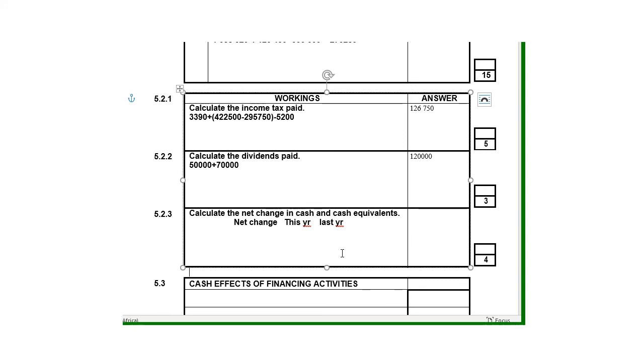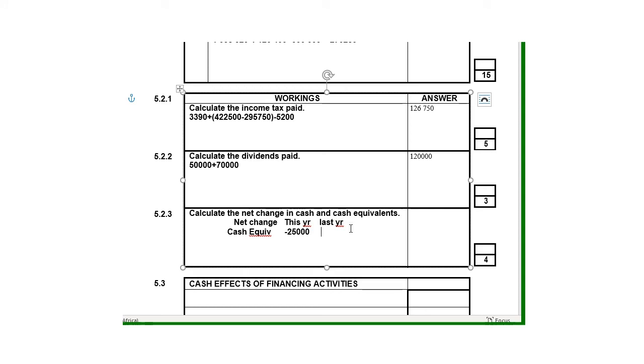So if I look at this year, it is the minus 27,500. So there it would just be cash and equivalents. Okay, and this year it is the 27,500 overdraft, which is minus 27,500, and the normal 2,500, most probably a float or whatever, which means in total it was a minus 25,000.